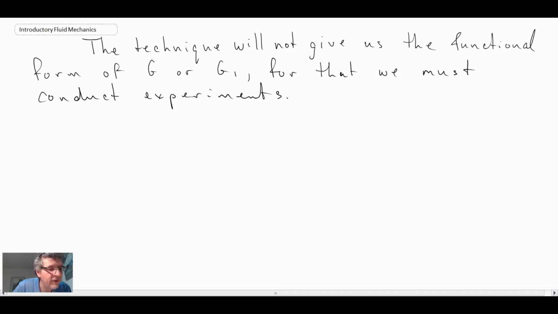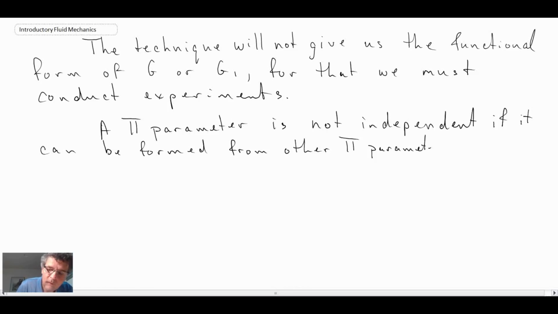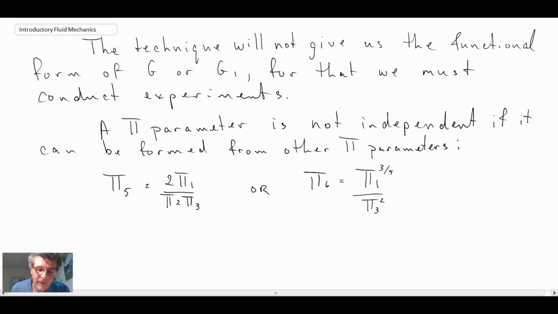And the other thing is that if you take pi parameters and combine them together, they will not generate a new pi parameter. They need to be independent of one another. So let's take a look at that. If we had pi groups and we tried to recombine them like this, thinking that we're coming up with new pi groups, pi 5, pi 6, we're not.